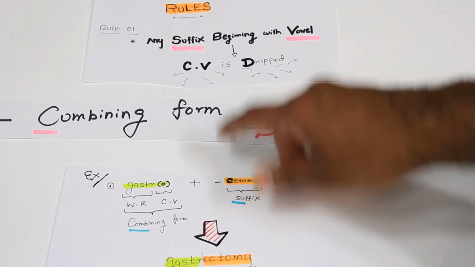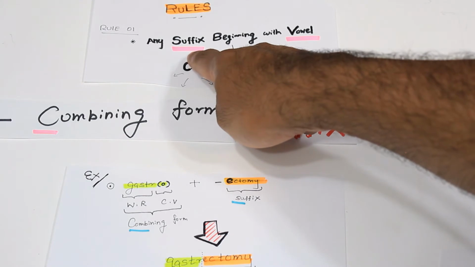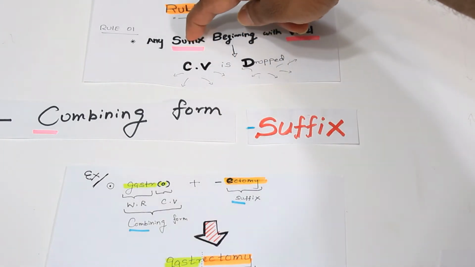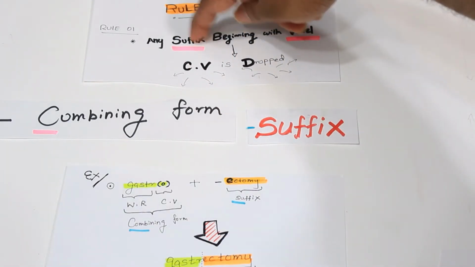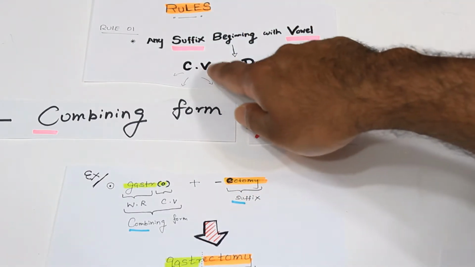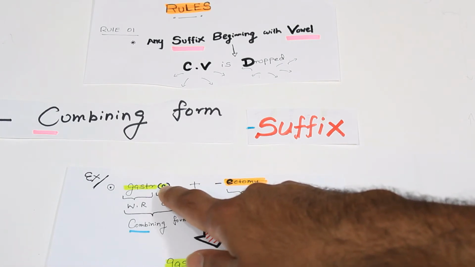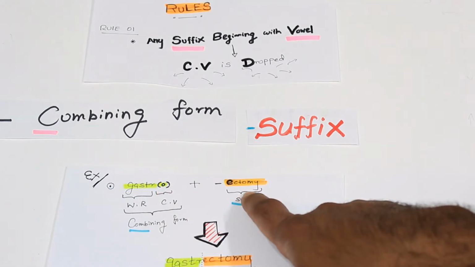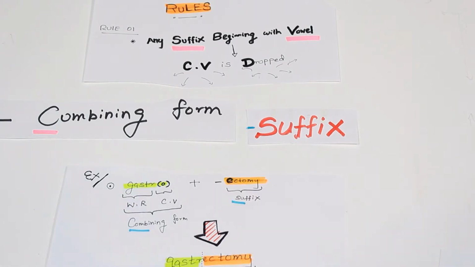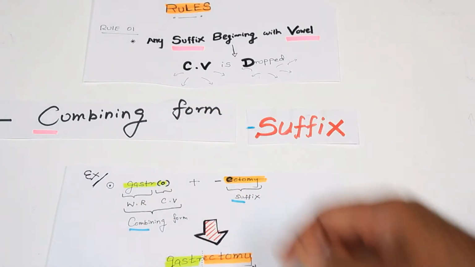So according to our first rule, what happens? The combining vowel is dropped. The combining vowel here is O, so it is supposed to be dropped because the suffix begins with a vowel.